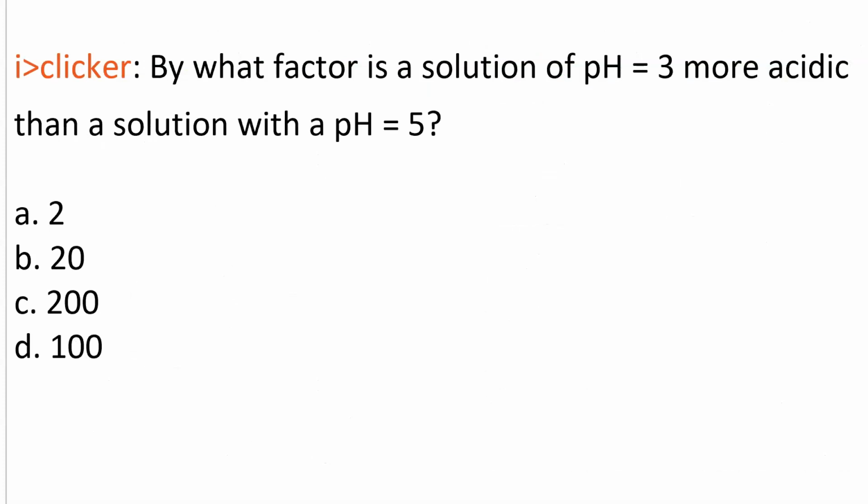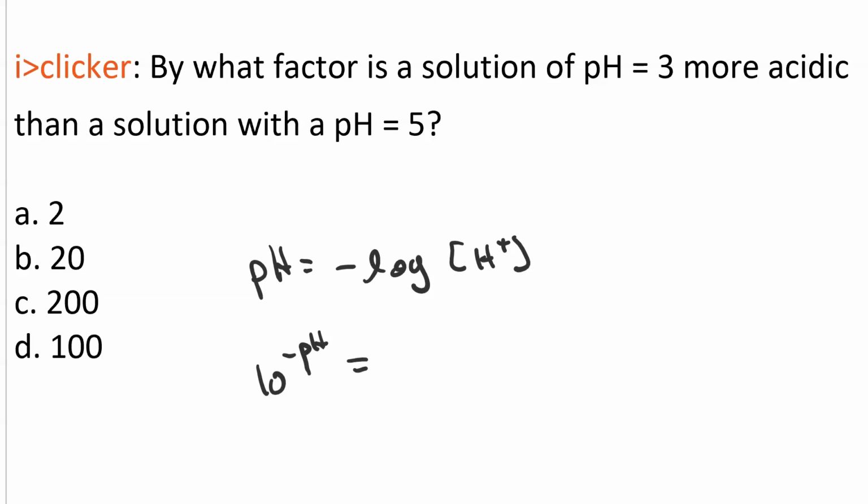Here's an exercise. When we say more acidic here, or factor of acidity, we're talking about how many times higher is the hydrogen ion concentration at pH 3 than it is at pH 5. So, if pH equals the negative log of the H+ concentration, then 10 to the negative pH equals the H+ concentration.